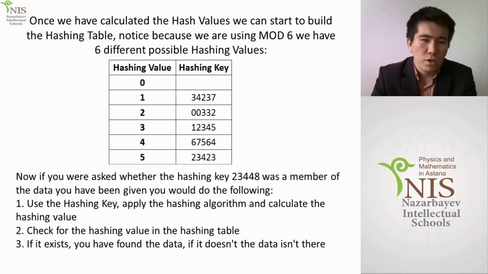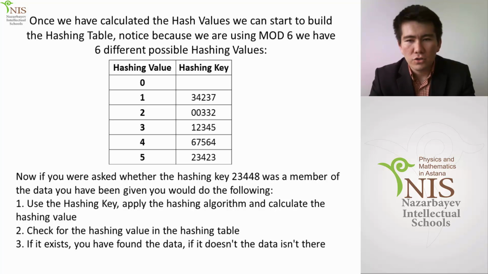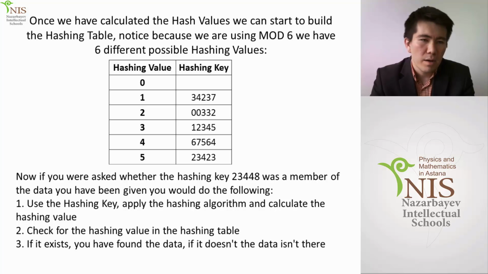Now if you were asked whether the hashing key 23,044 and 448 was a member of the data you have been given, you would do the following. Use the hashing key, apply the hashing algorithm and calculate the hashing value. Check for the hashing value in the hashing table.